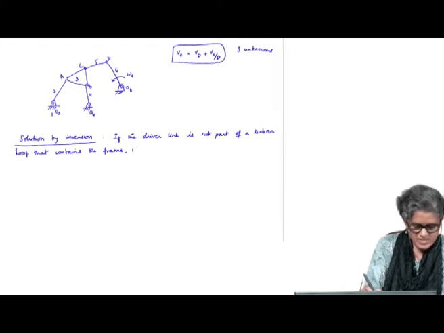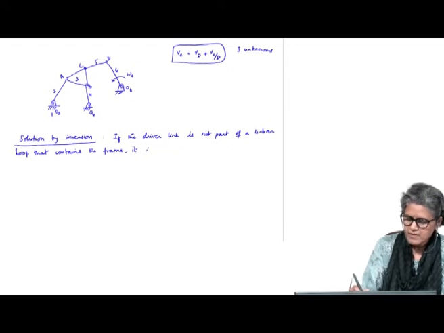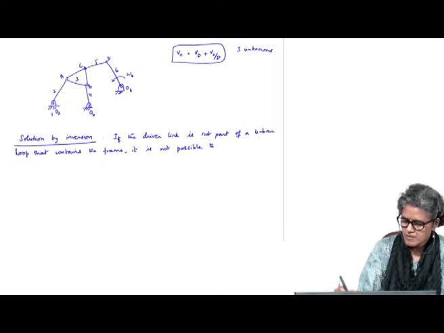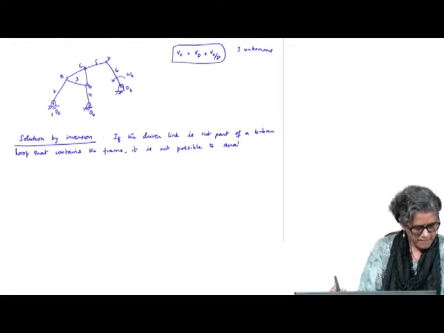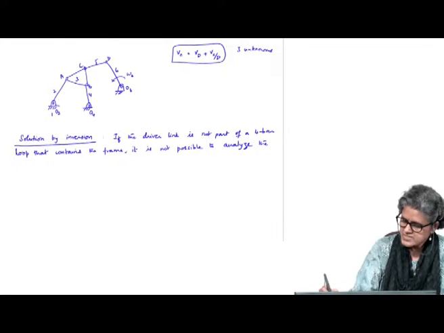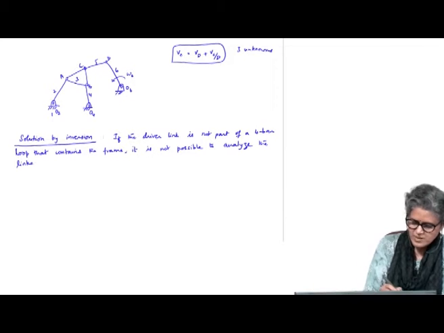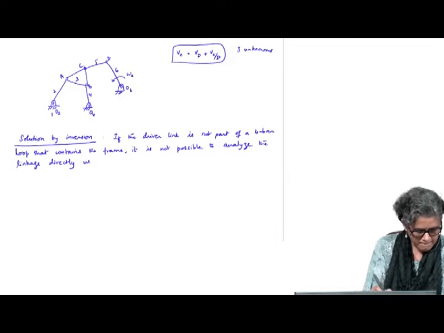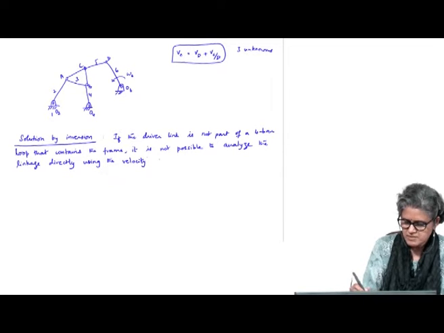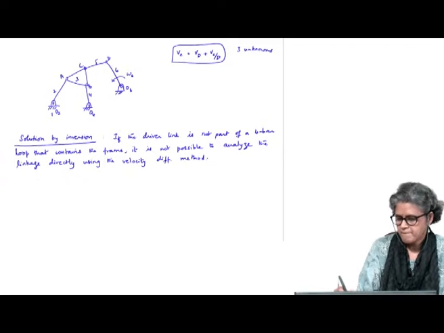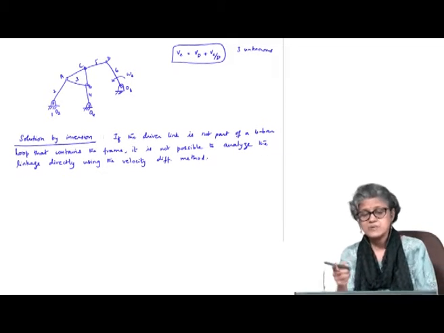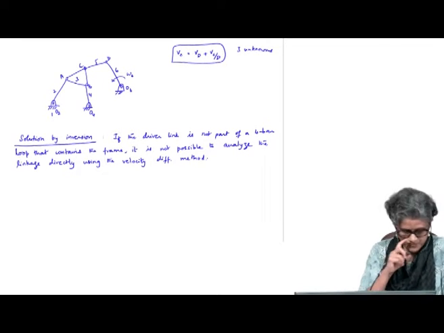If that is the case, then we saw up here that it is not possible to analyze the linkage directly using the relative velocity or velocity difference method, because the vector equation cannot be solved for 3 unknowns.